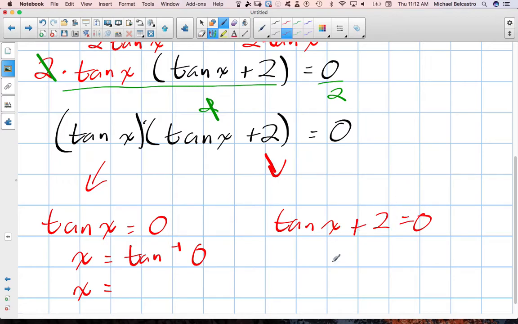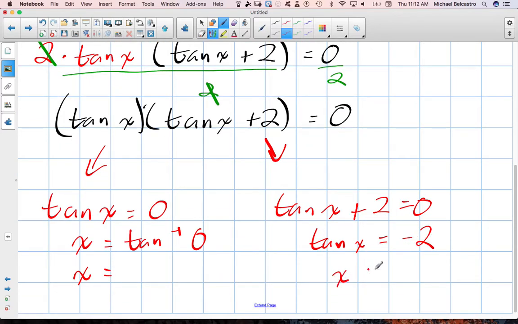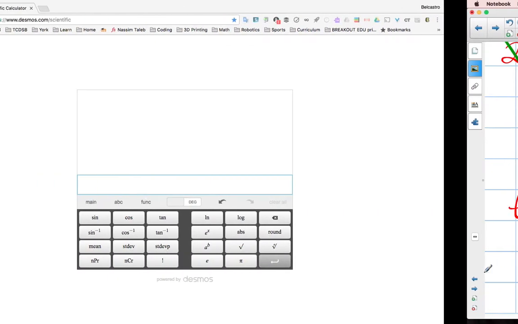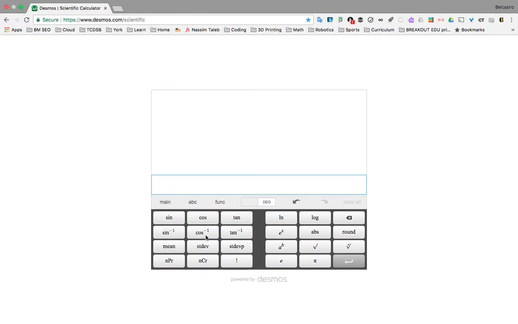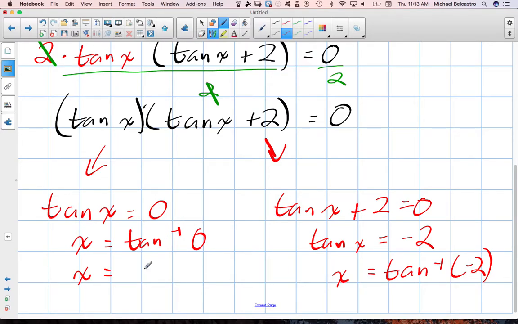Over here, I'm going to move the 2 to the other side, so we're left with tan x is equal to negative 2. And then we're going to find the tan inverse of negative 2, and see what our calculator gives us. Okay, so over here, tan inverse of 0 is 0. There we go. So one of our possible angles is 0.